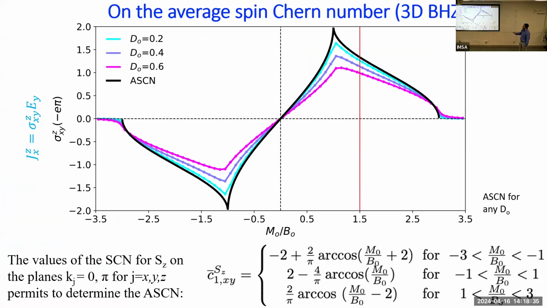For example, for B close to 0, Bernardo found, using the position of the spin Berry points, he predicts the spin Hall conductivity, or actually the value of the average spin Chern number, because we know where the position of the spin Berry points is for each region and for each M over D0 in the spectrum.